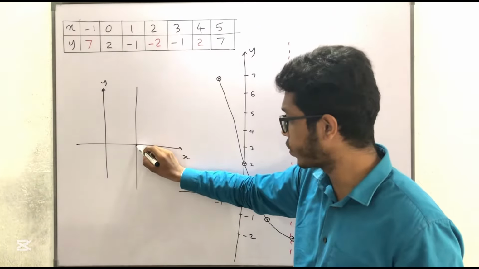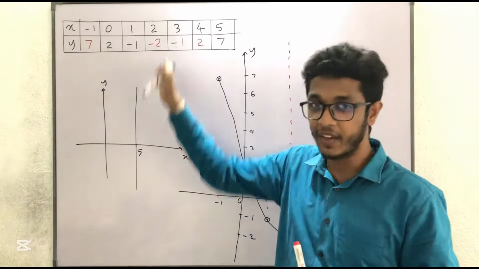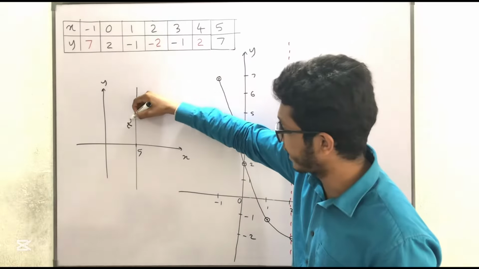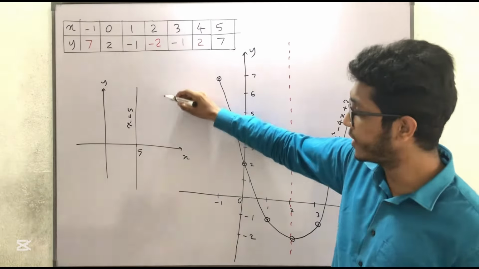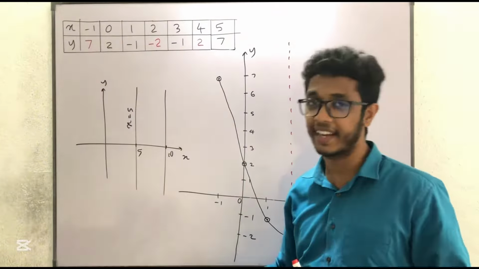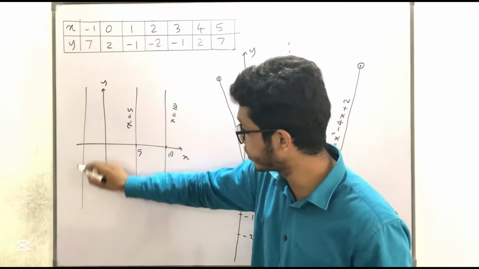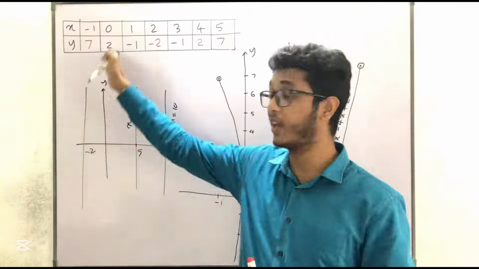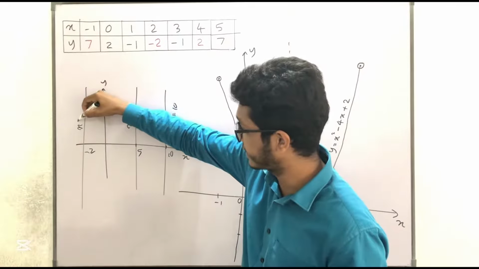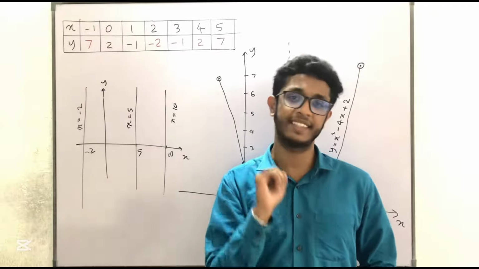If this line goes through the x value 5, we call this line x equals 5. If it goes through the point 10, we call it x equals 10. If it goes through the point minus 2, we call it x equals minus 2. So all the vertical lines are called x equals lines.